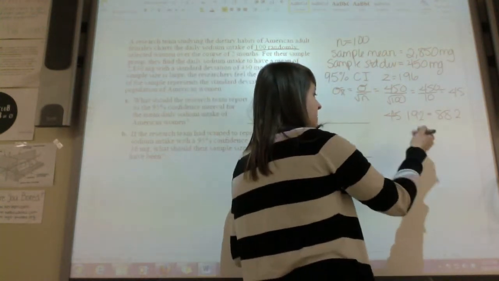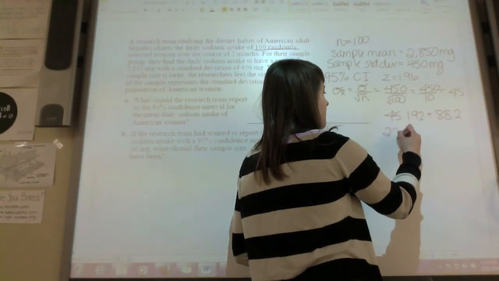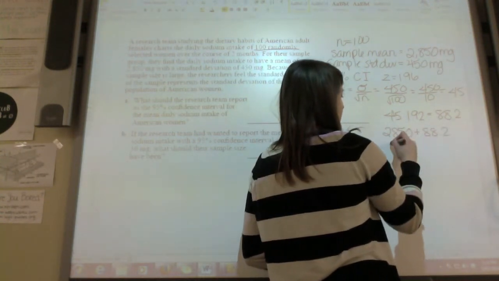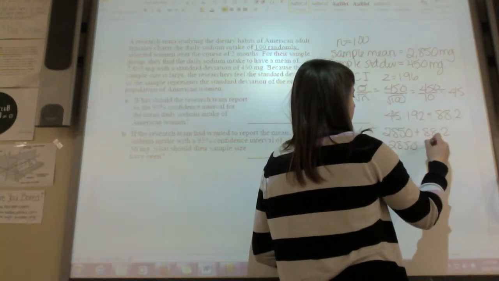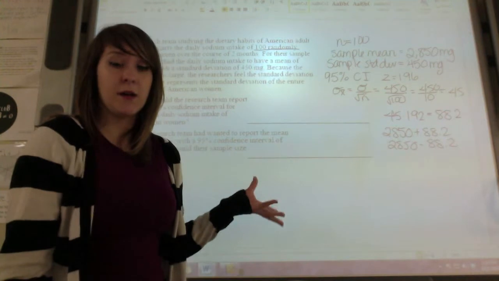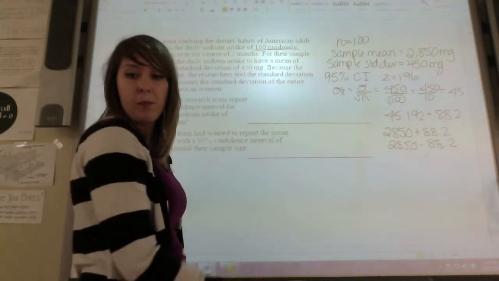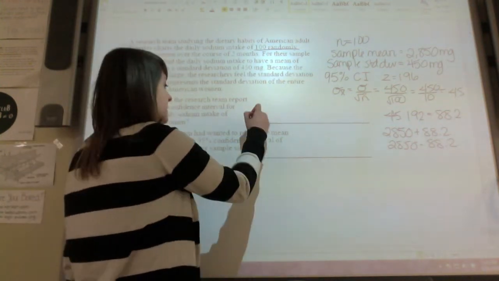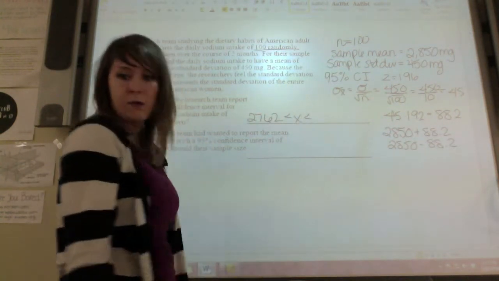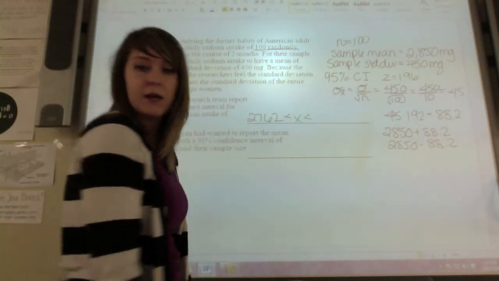So now I'm going to add and subtract that from my mean. So if I take 2850 plus 88.2 and 2850 minus 88.2, that's going to give me my confidence interval of approximately 2,762 to 2,938.